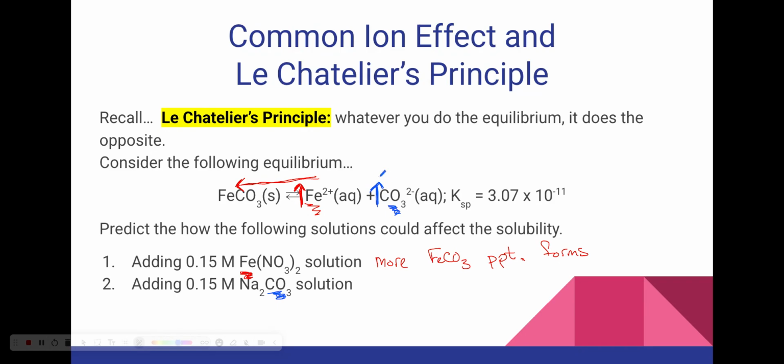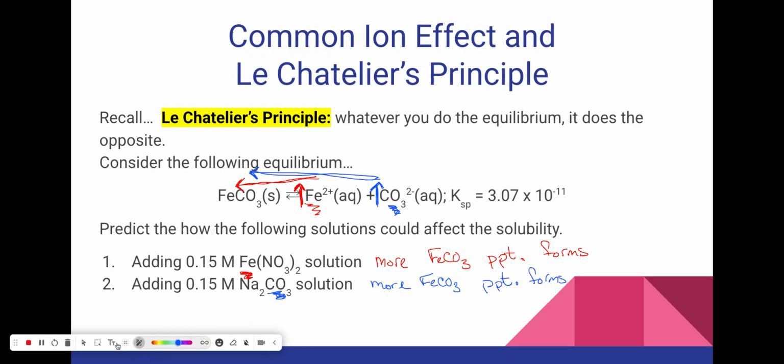So increasing the carbonate ion means the equilibrium is going to shift to the reactants. Well, if it shifts to the reactants, more iron carbonate precipitate will form. Again, that is the effect of a common ion.